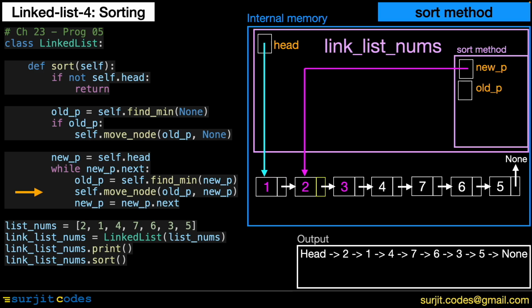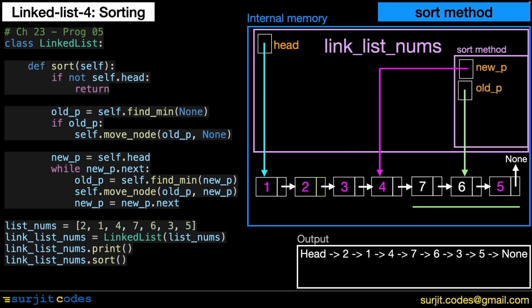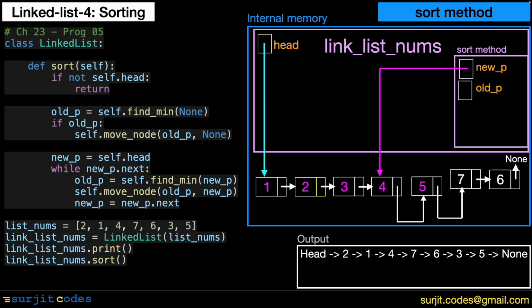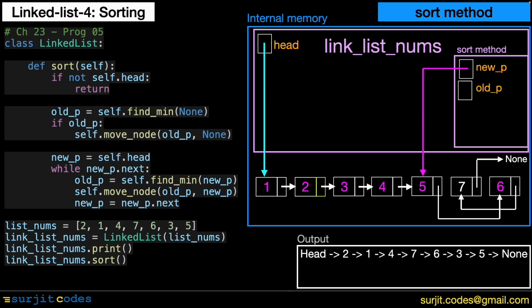Node 3 is now present next to the new parent. For the next iteration, it becomes the new parent. Loop continues till all the nodes are sorted.